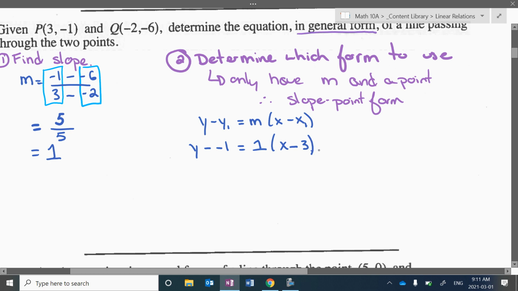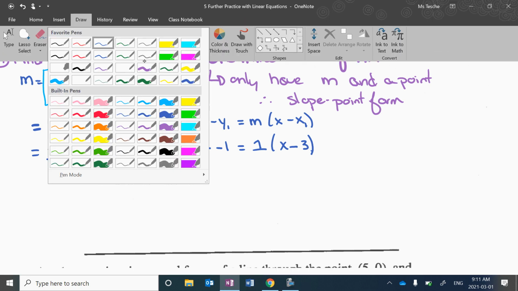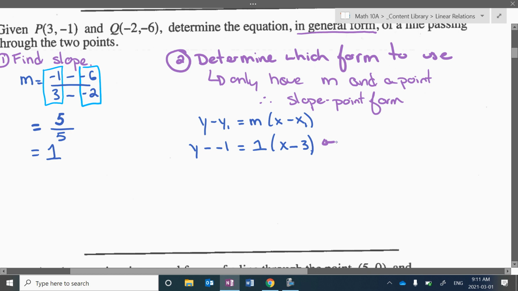So that's an equation of a line. Now we convert to general. So now solve for 0 to put into general.